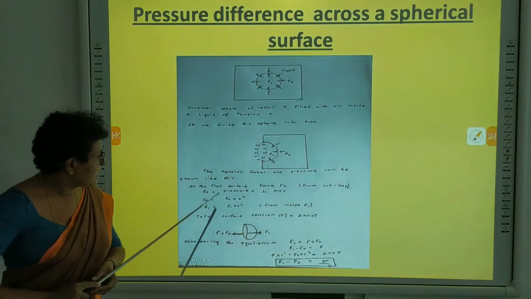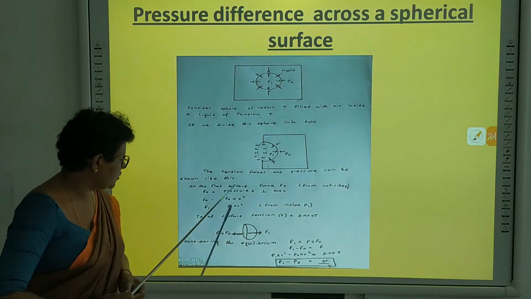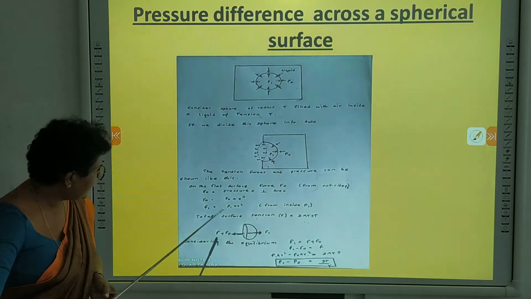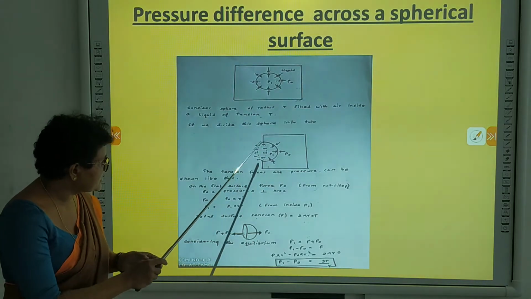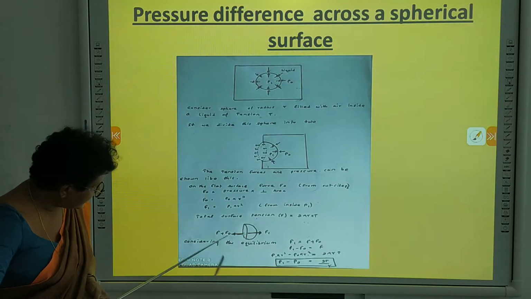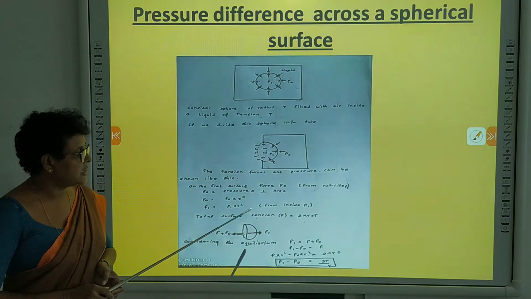Like this. The force equals pressure into perpendicular area. According to that, F0, this way, equals P0 times πR squared. And F1, right? F1 here, outwards, you have P1 πR squared.